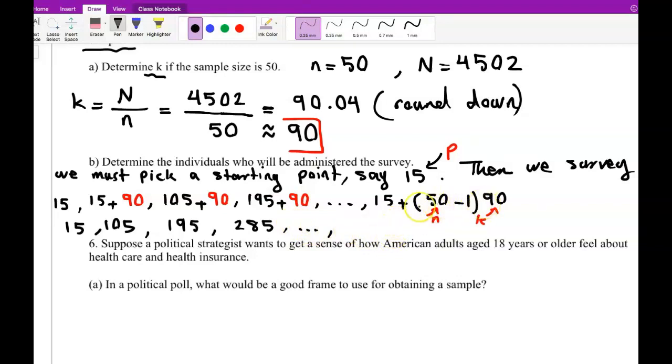Here is 49 multiplied by 90 plus 15 is 4,425.